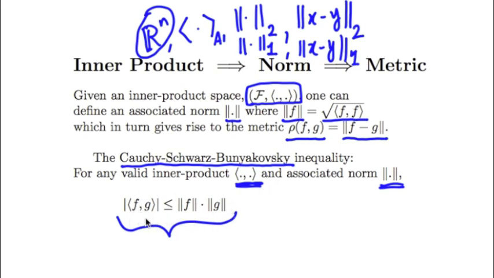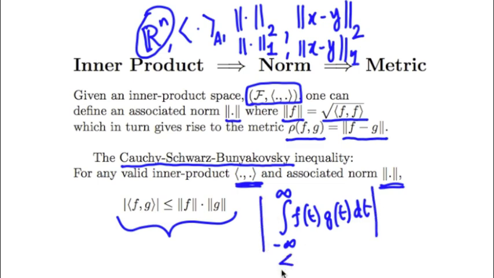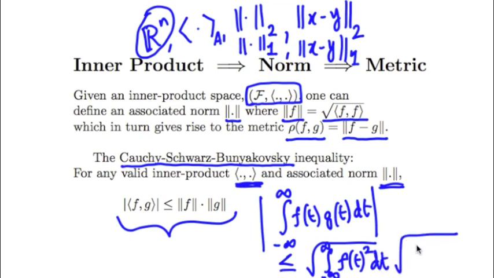So in the case of functions, one example of such a statement is that the absolute value of the integral from minus infinity to infinity of f of t, g of t, dt, that's the left hand side, is at most the square root of the integral from minus infinity to infinity of f of t squared dt, which is the norm of f, times the square root of the integral, again from minus infinity to infinity, of g of t squared dt, which is the norm of g.